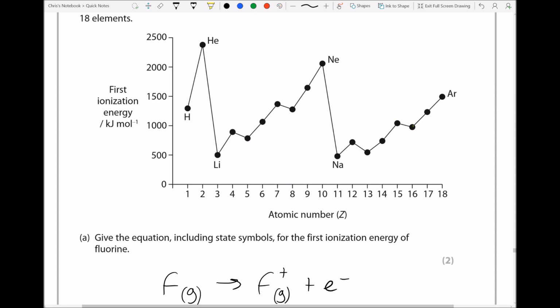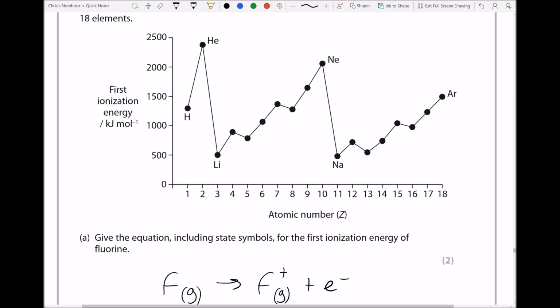Now we need to say why this is lower than that one. They're both in the p orbitals, and with the p orbitals you've got 3 of them. They fill up singly first, and then the 4th electron has to go into an orbital with an electron already in there.